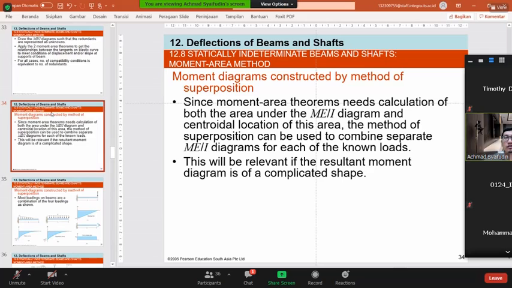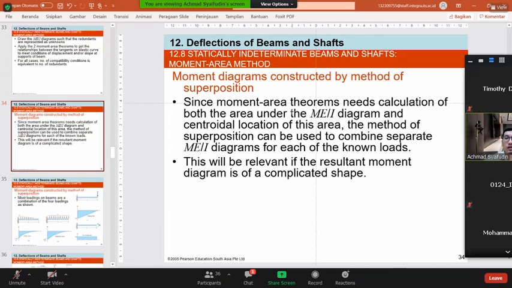To construct or draw the moment diagram, we can use another method. Maybe this is the simple way to construct the moment diagram. We can use the method of superposition. Why?